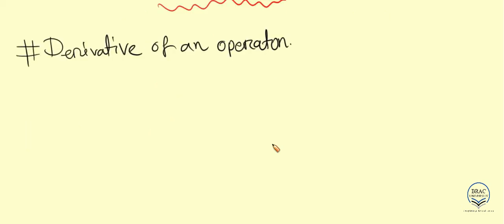So let's say I have some operator, let's call it R, and it's a parameter dependent operator. That is, it depends on some scalar parameter, that is theta. So a simple example is the rotation matrix.